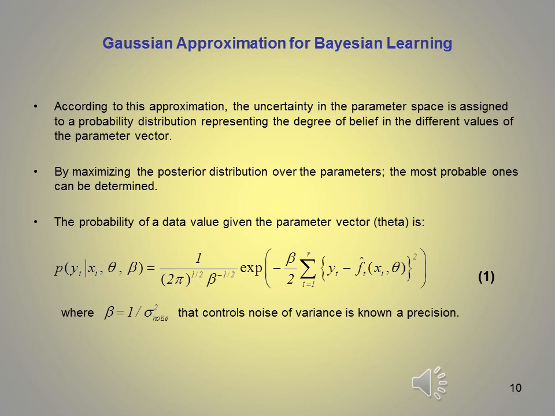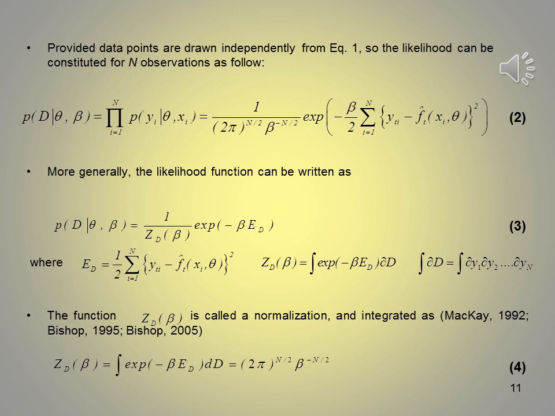The probability of a data value given the parameter vector can be constituted in equation 1. Provided data points are drawn independently from equation 1, the likelihood can be constituted for an observation as follows, given in equation 2.